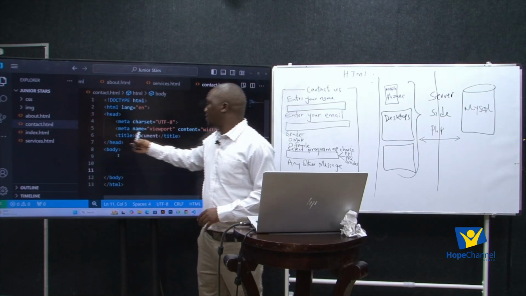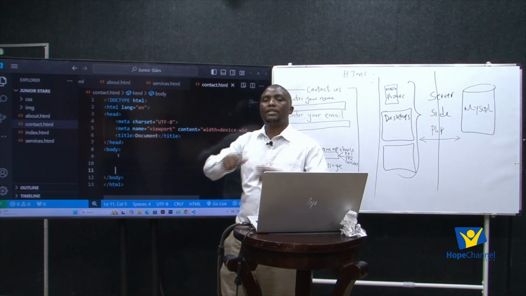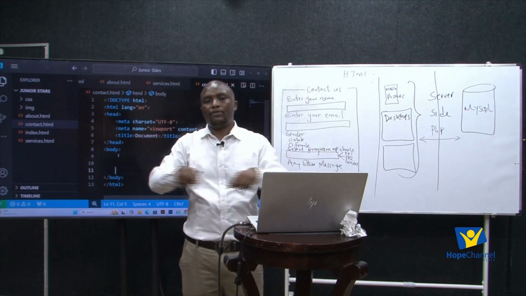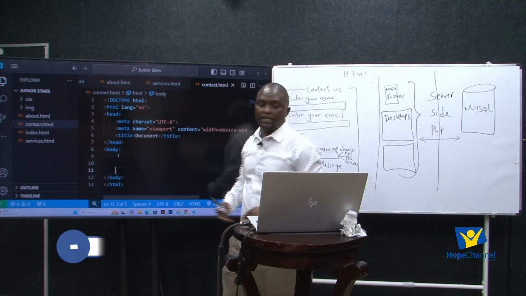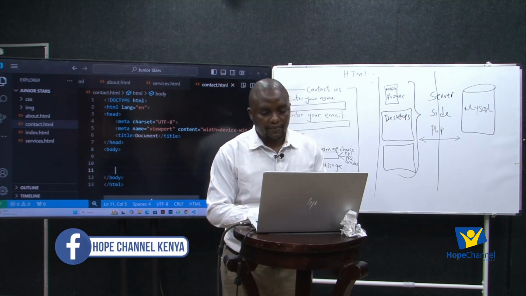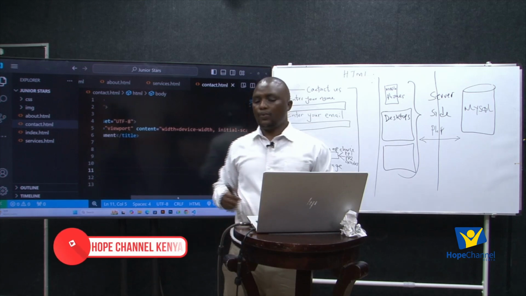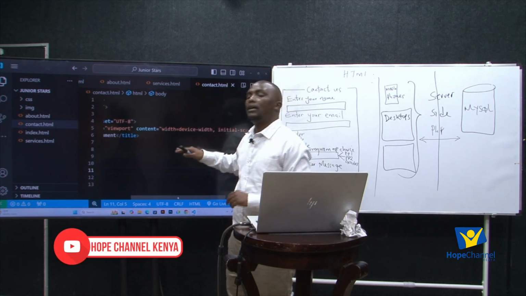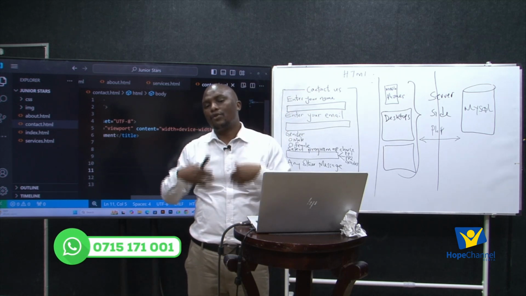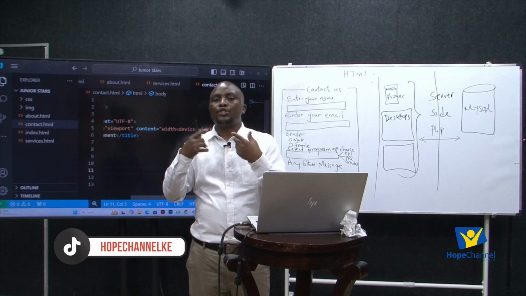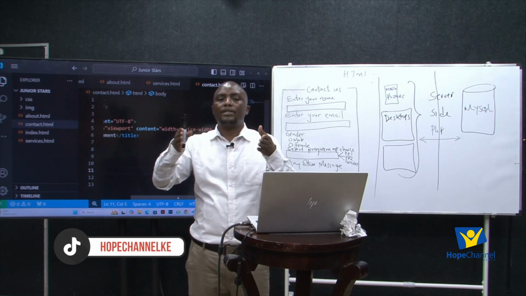We have now the meta viewport. Viewport means what you can see. What you can see when you visit a website, then that is what we refer to as the viewport. Content width device width. This means the device that the user is using to view our website should dictate the width of the website.